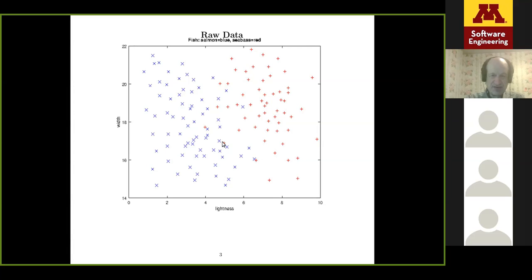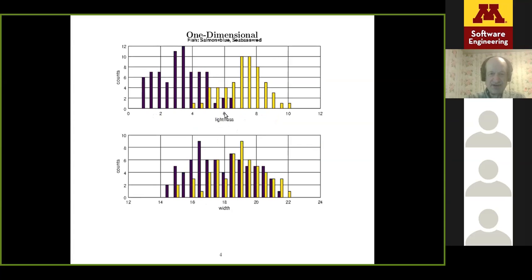Whereas if you just look at width along the vertical axis, it doesn't look like it works as well. If you draw the histogram of this, you would see that with lightness, you can get a pretty good separation between the categories, but with width, it doesn't work as well.